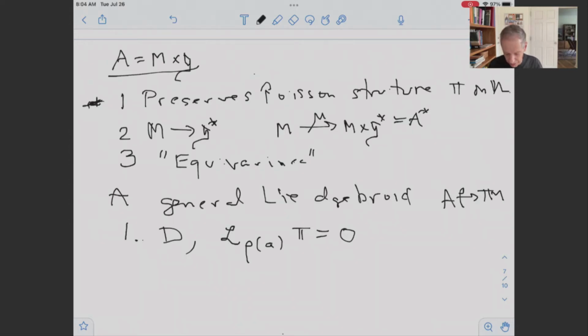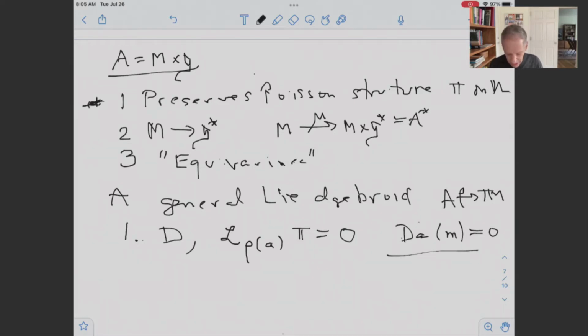But in general, if we don't have a flat connection, we don't have sections with dA equals 0. But we can always find sections with dA equals 0 at a point. And then we can require that the Lie derivative by rho of A be 0 at that point.